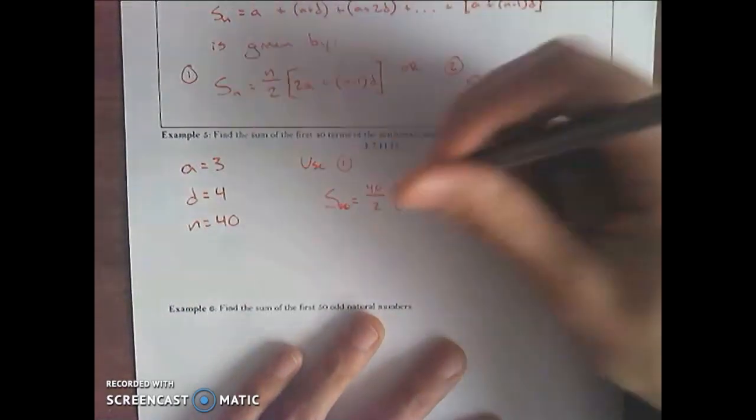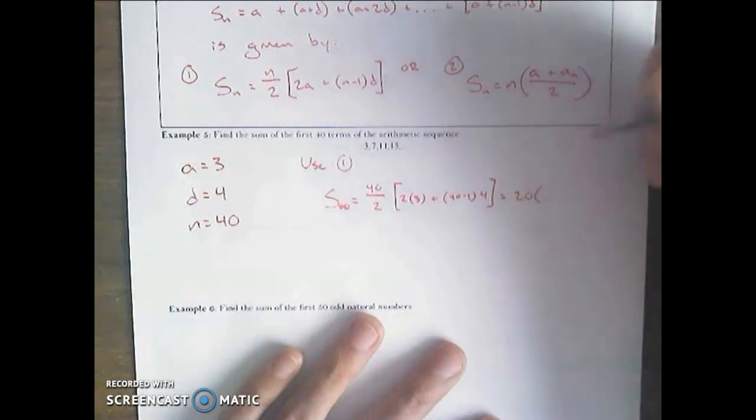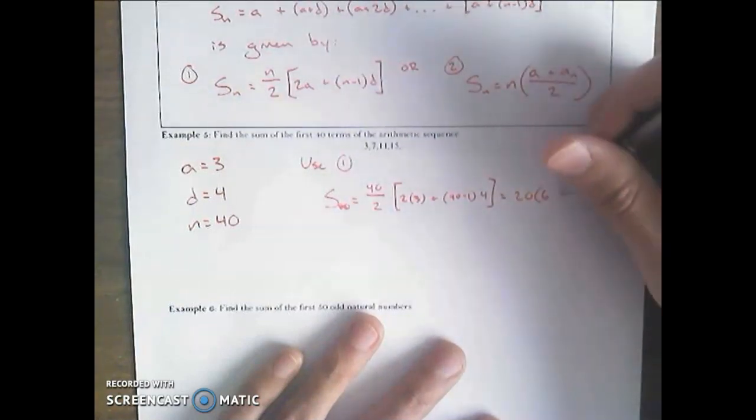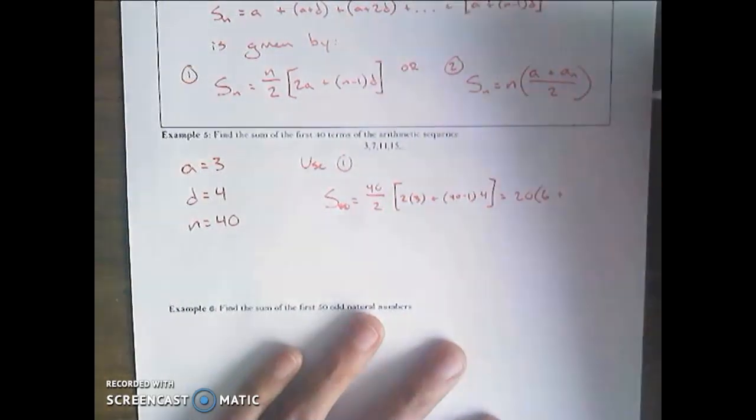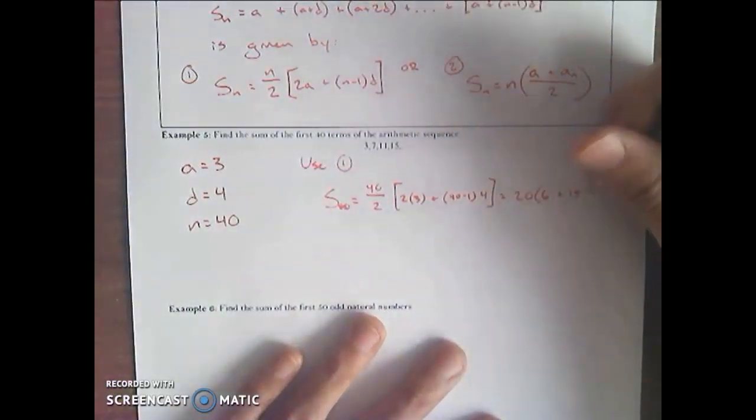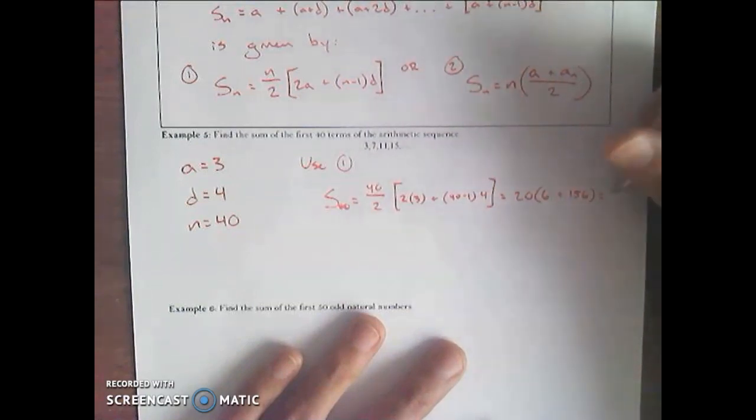We have 40 over 2 is 20, times 2 times 3 is 6, plus 40 minus 1 is 39, times 4 is 156. And we evaluate this, we have 3,240.